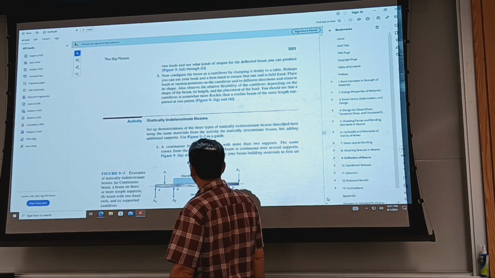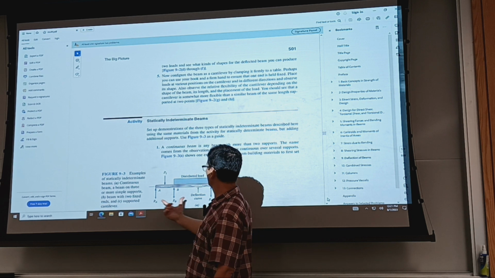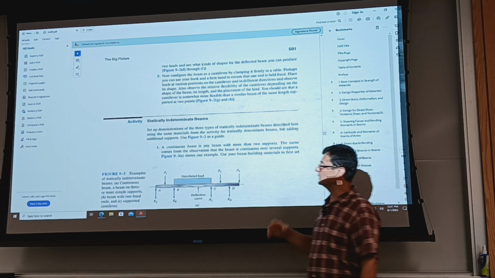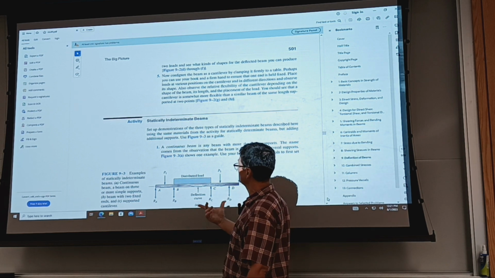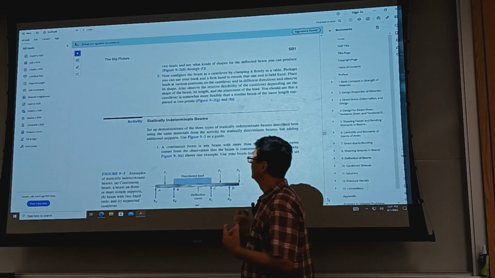Okay, we can have statically indeterminate beams. This is a continuous beam, it's called, when you have multiple supports. Using principle of superposition and knowledge of deflection of beams with just two supports, you can come in.